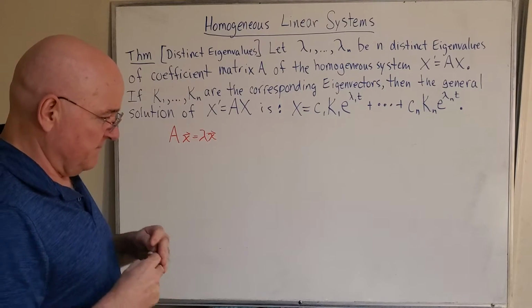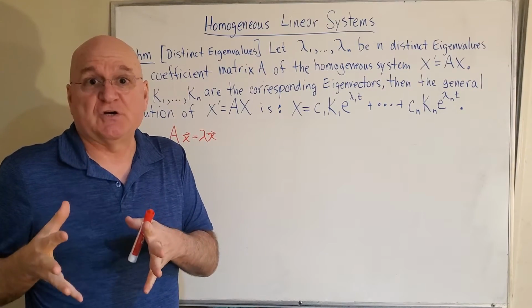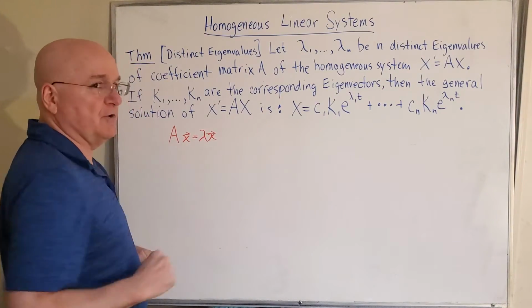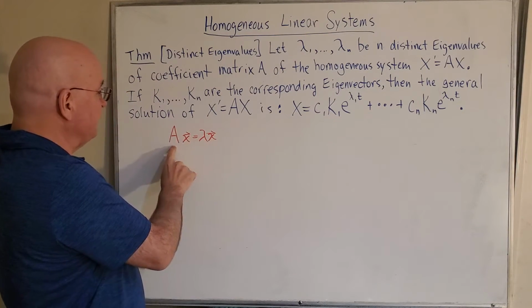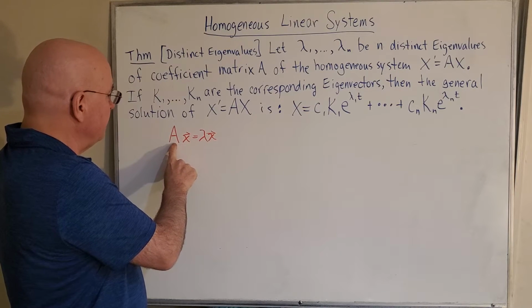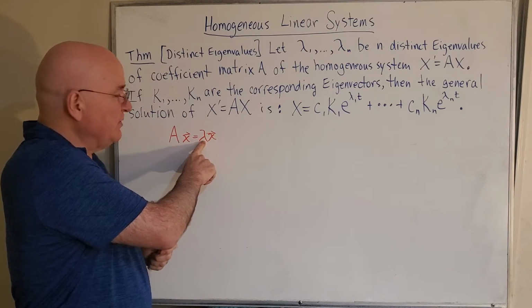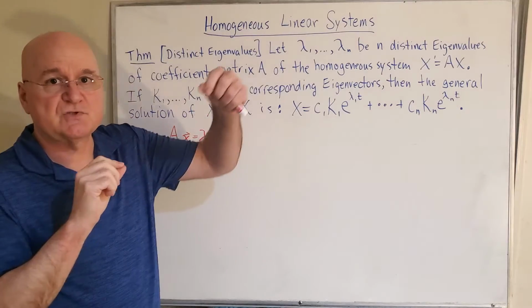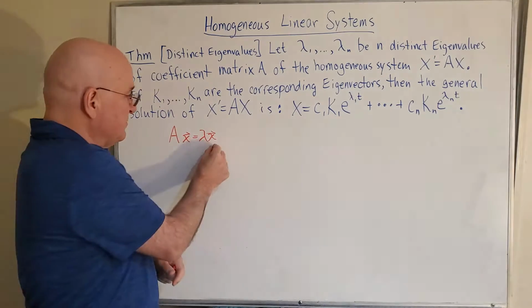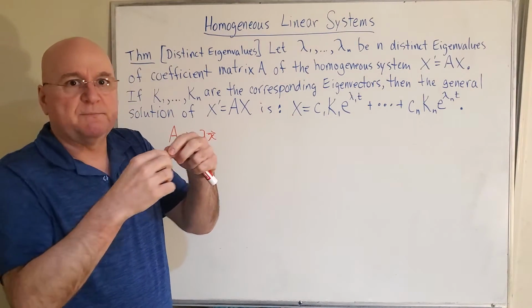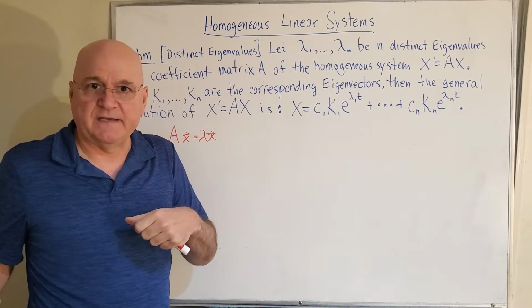So what does that mean? In this case, basically, this coefficient matrix is like a transformation. It's like a function. It's doing something to this vector. And in this case, multiplying this matrix times the vector is the same thing as multiplying it by this constant. Well, when you multiply a vector by a constant, all you're doing is stretching it if the constant is bigger than 1, shrinking it if it's between 0 and 1, and if it's a negative number, it'd be going the opposite direction, but it stays on the same line.